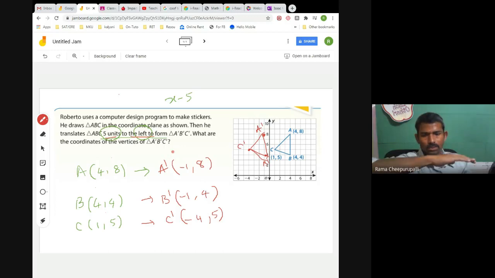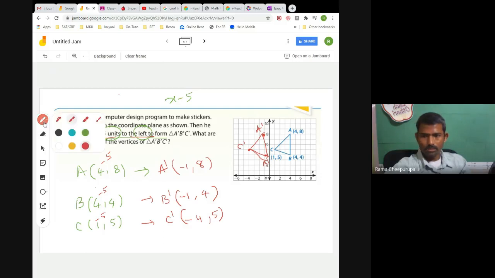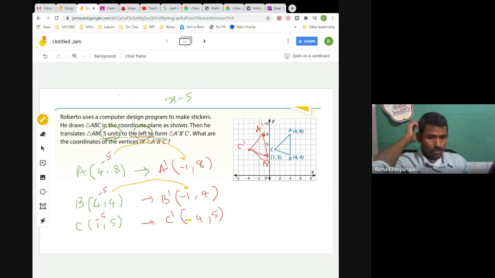When you're moving 5 units to the left, you take away from the X. So when I take away from the X, 4 minus 5 is -1. So -1 and 8. And then 4 minus 5 is -1, and then +4. Same thing, 1 minus 5 gives you -4, and then 5. Those are the new ordered pairs.